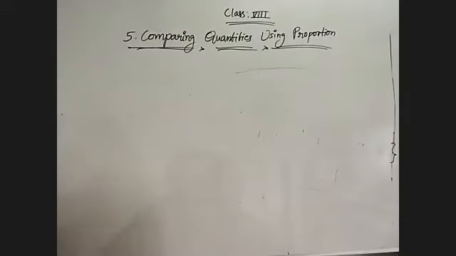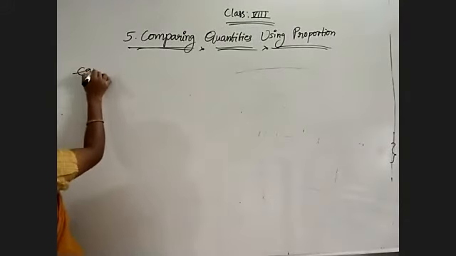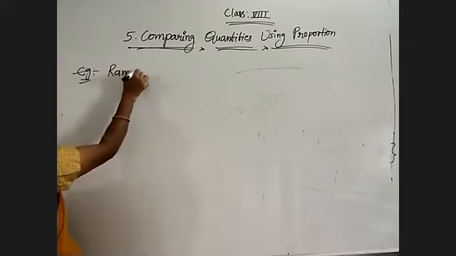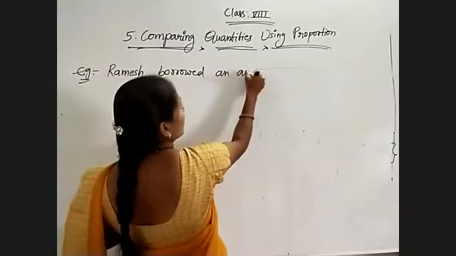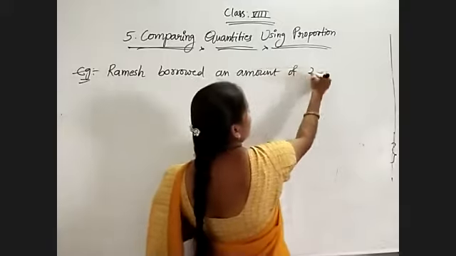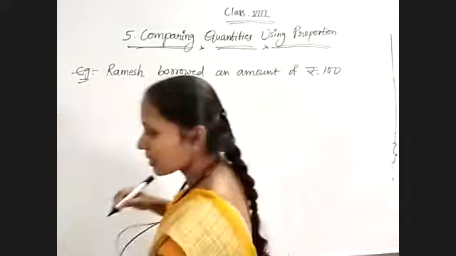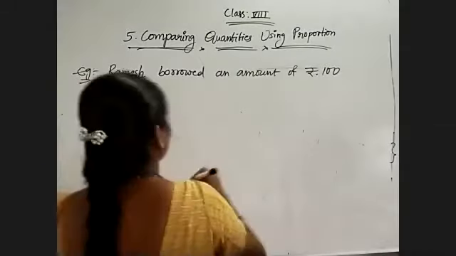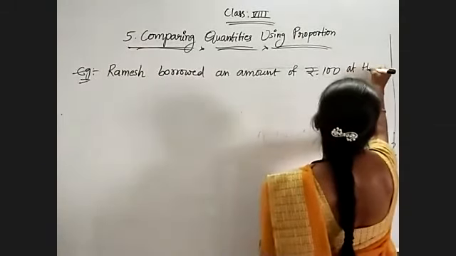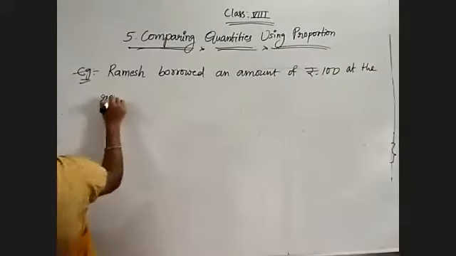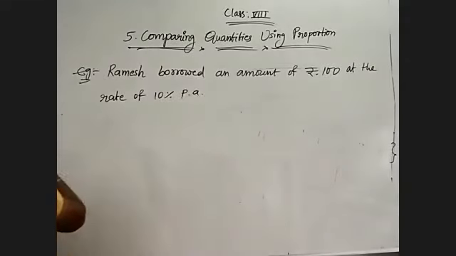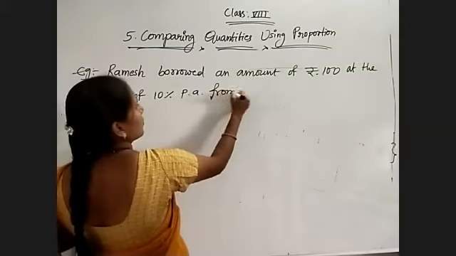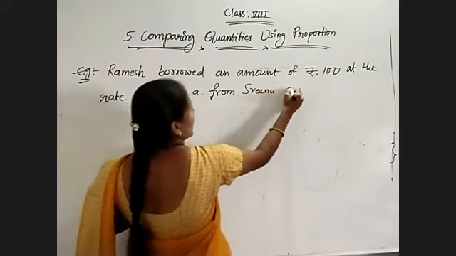Okay, observe the question. Ramesh borrowed an amount of 100 rupees at the rate of 10% per annum from Srinu as a hand loan.